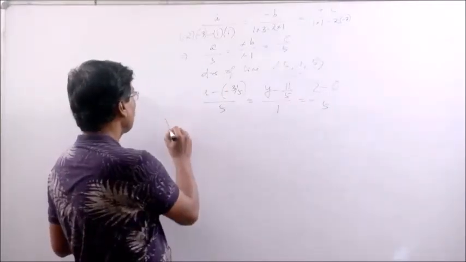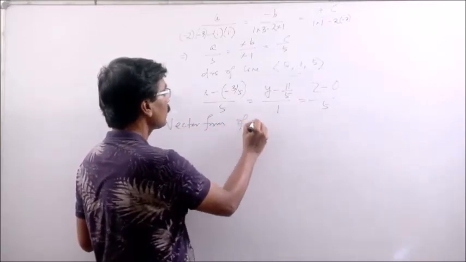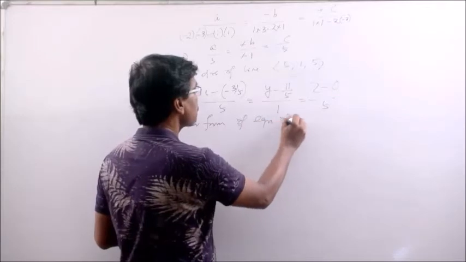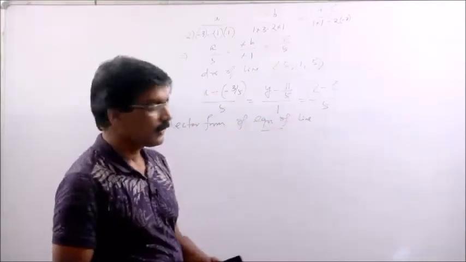Next we have the vector form of equation of line.